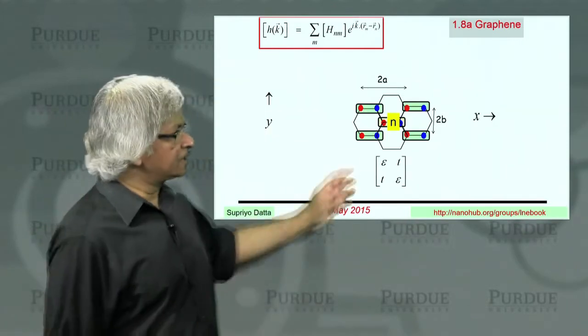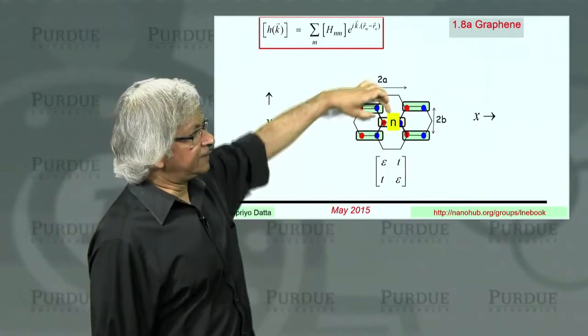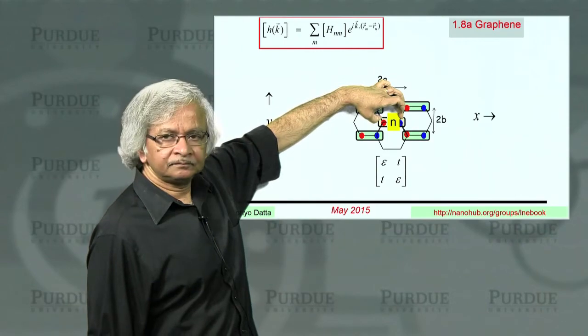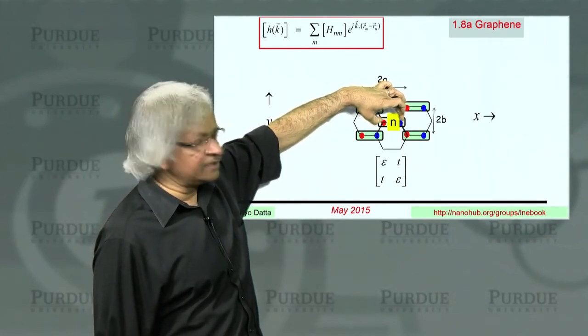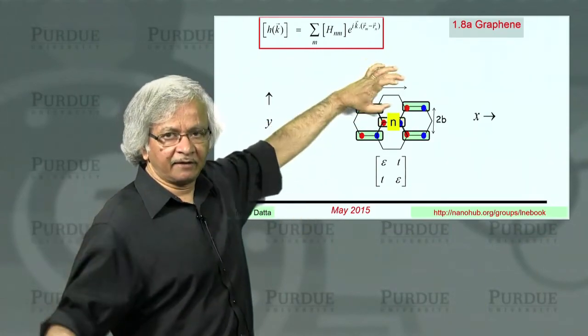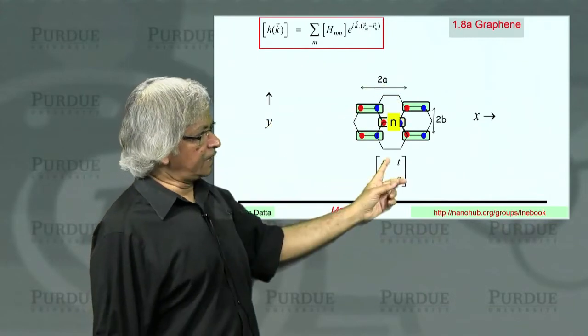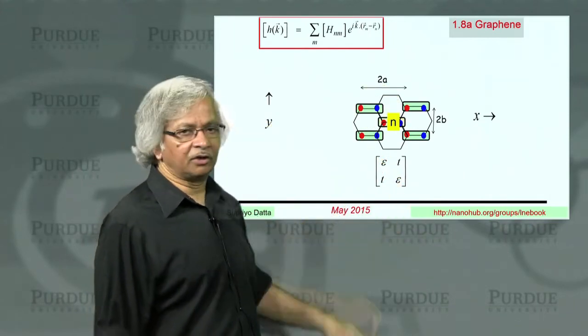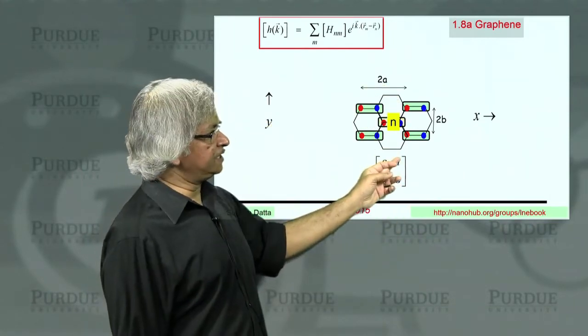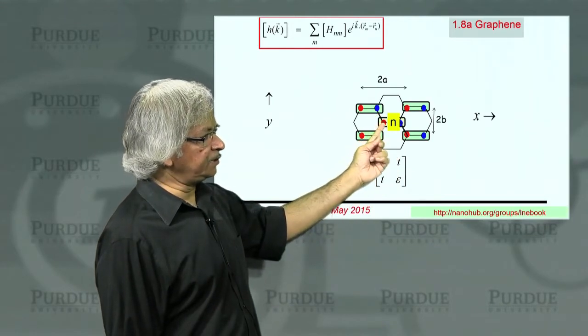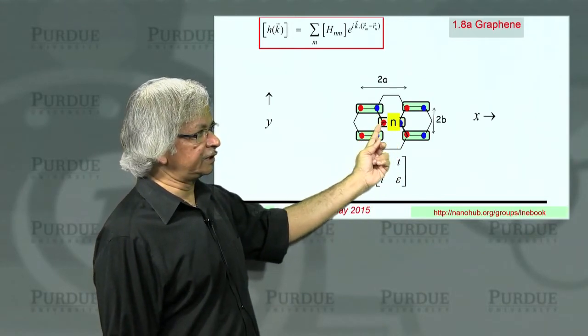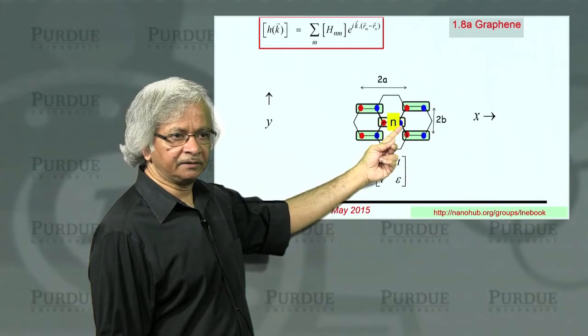So the first one is m equal to n. That's basically just the matrix describing this unit cell isolated from everything else. And there your diagonal elements, we'll call it epsilon, and the t is the element between a red and a blue inside a unit cell.